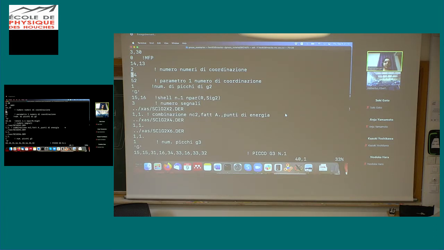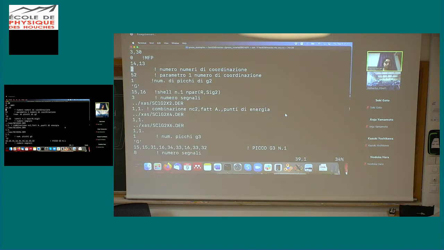So the first one is 34 and the second one is 52. If we want to use the first coordination number, so this 34, we have to put 1. If we want to use 52, we have to put 2. It's just in numerical order. It's a bit confusing, but that's its logic. So, yeah, go back. So in this case, we have only 1 coordination number, so we will always put 1 here.